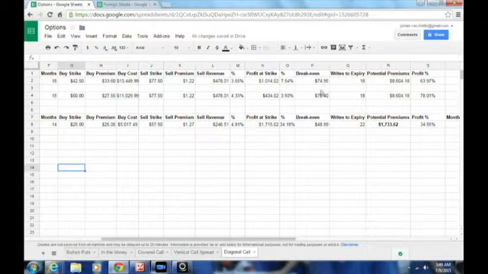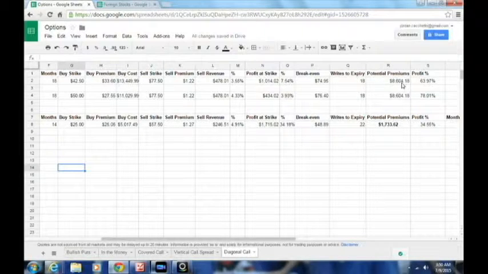So just for purposes of an explanation of the strategy, if I did this for 18 months, 18 times 478.01, that's $8,604.18. So this is completely hypothetical. The stock is going to move up and down. You're not going to get the exact same premium every month.